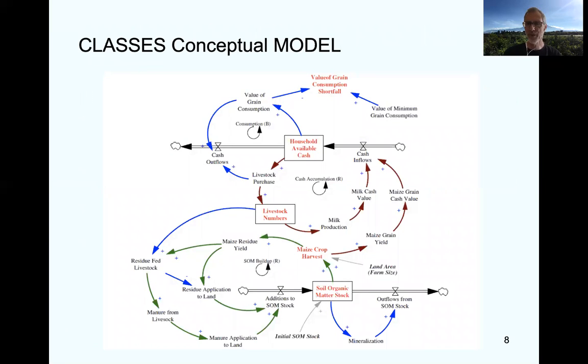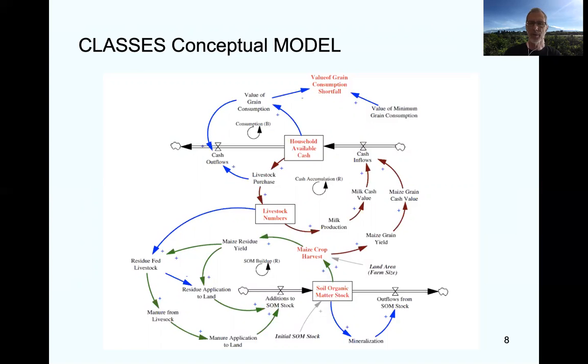But as a quick view of what this model does, it has a number of key stocks, one of which is the cash that is available to the household. You can think about this a little bit as a bank account. We can also think about the age, structure, and productivity of livestock as another stock in the model. And another key driver of productivity in this system is the soil organic matter stock.